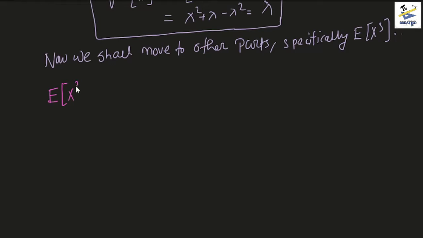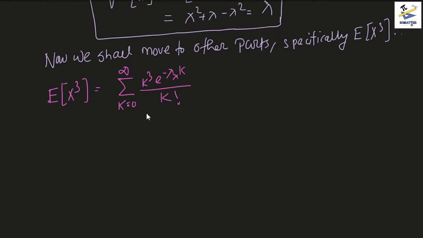The third moment is summation k equals 0 to infinity k cube e to the power minus lambda, lambda to the power k by k factorial. I'm going to explain all of this and what that means as I go along the steps.